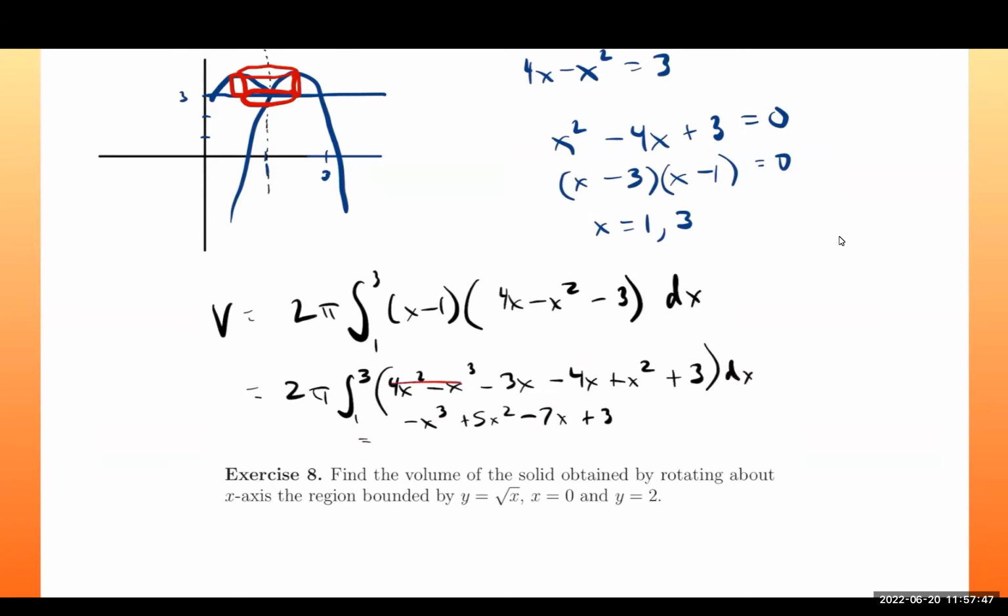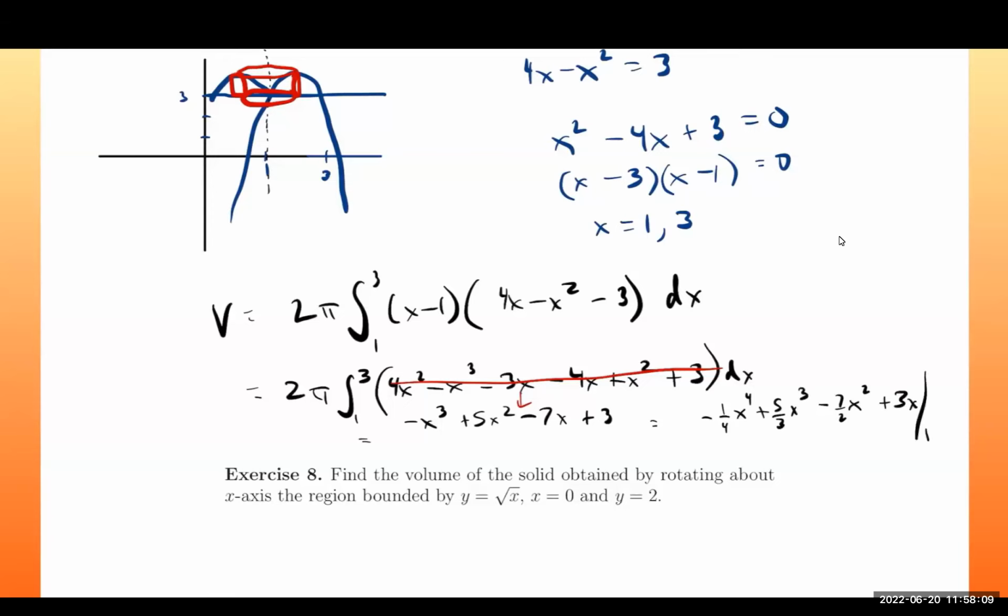I'm just going to draw a line through that and show that we've simplified it there. And now if you take the antiderivative, you should get negative 1/4 x to the 4th plus 5/3 x cubed minus 7/2 x squared plus 3x.